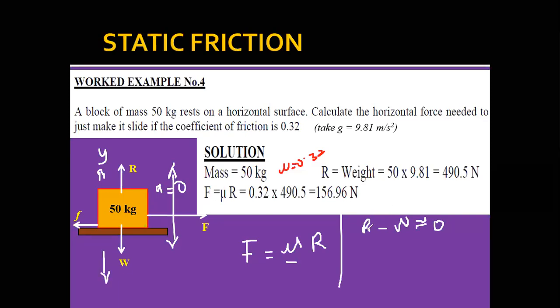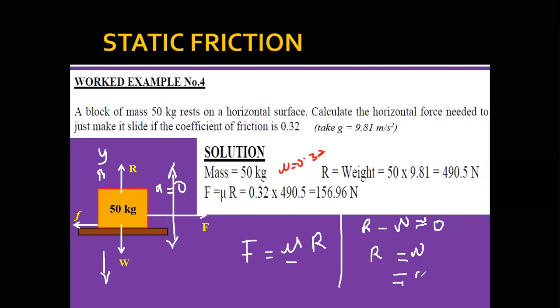So when you add them, R minus W is equal to 0, which implies that R equals W. But we all know that W is mg.